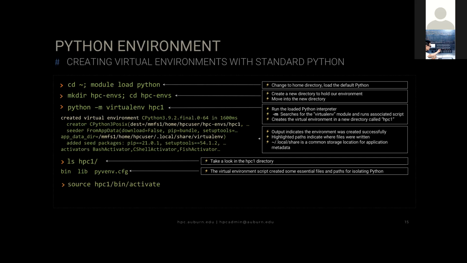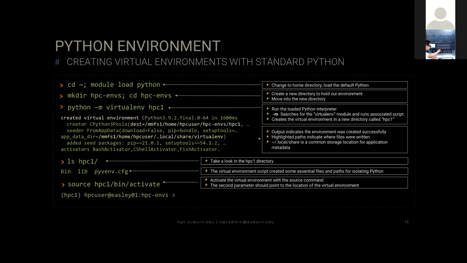And the way that you actually activate a virtual environment. So now that you've created it, you have to tell the system, okay, I want to actually shift my context into this virtual environment. And for standard Python, you can use something like this: source, and then the location of the bin folder, the name of the environment, the bin folder, and then there's an activate script. When you run this command, it's going to actually run the contents of this activate script.